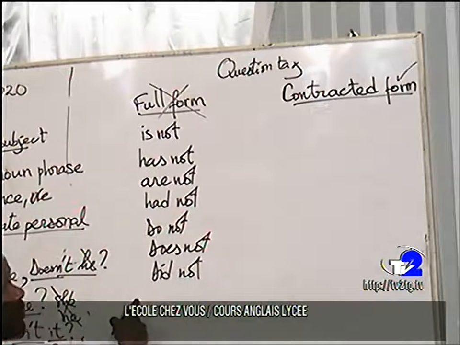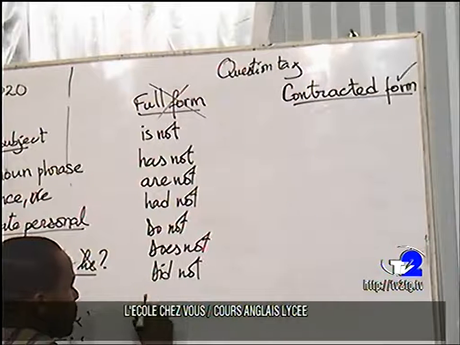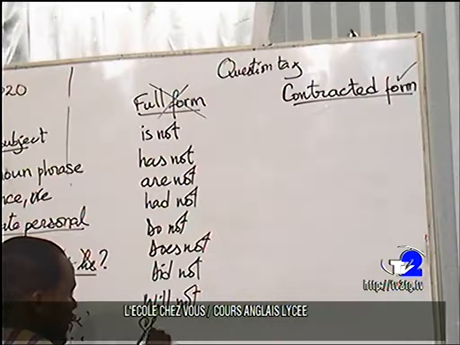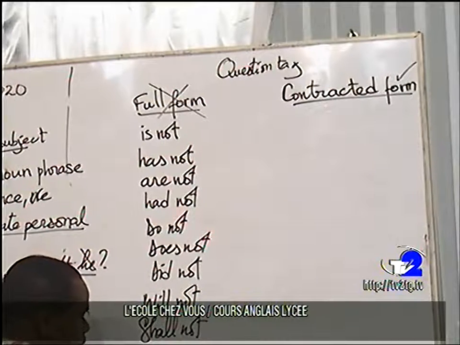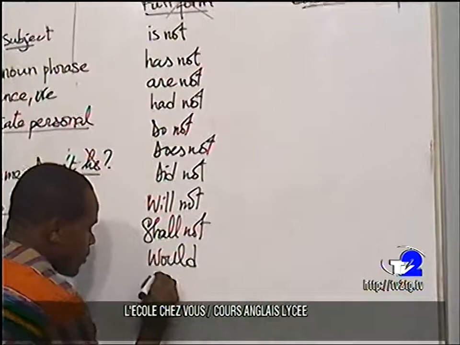Now let me finish with the simple auxiliary. Let's continue with the modal one. Modal auxiliaries. Modal verbs are will not, shall not, would not.